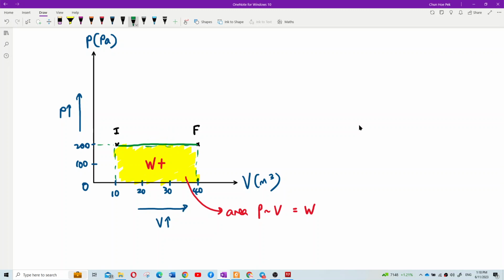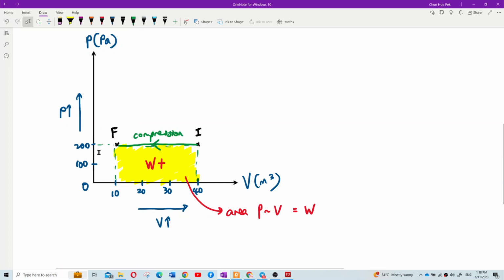Let's say this is the initial point and this is the final point. The process goes to the left. What process is this, class? Compression or expansion? So it's compression, because initial to final goes to the left.